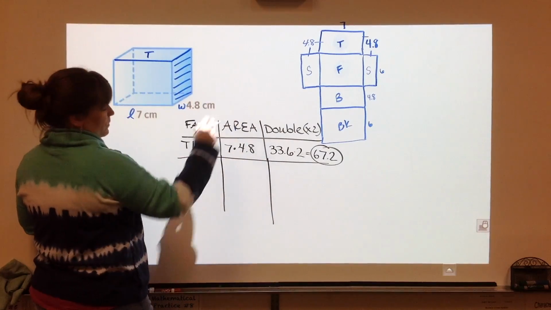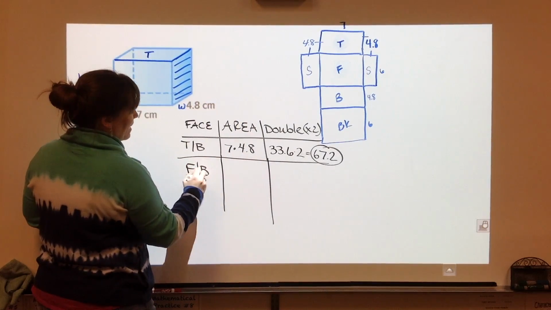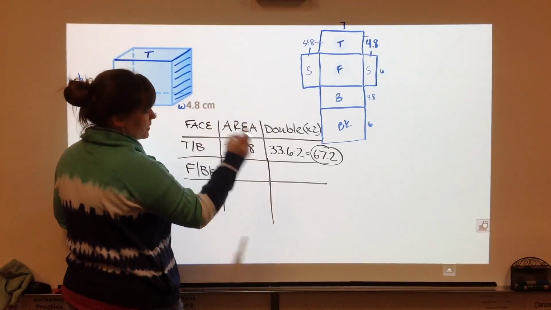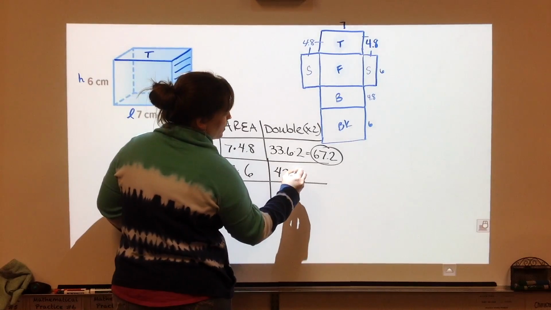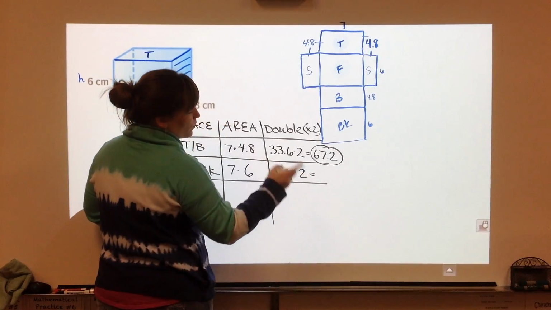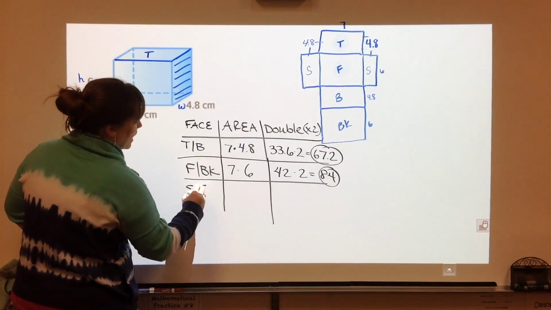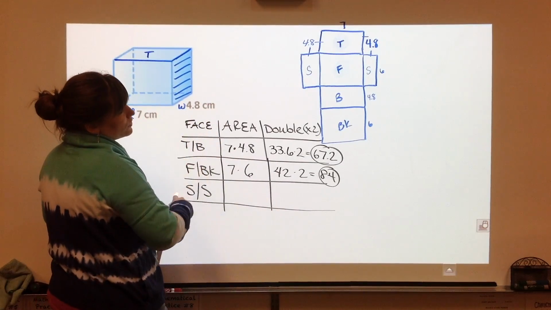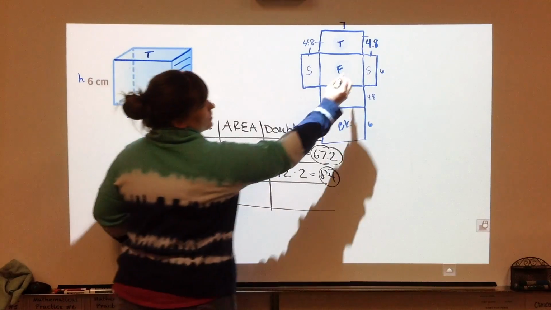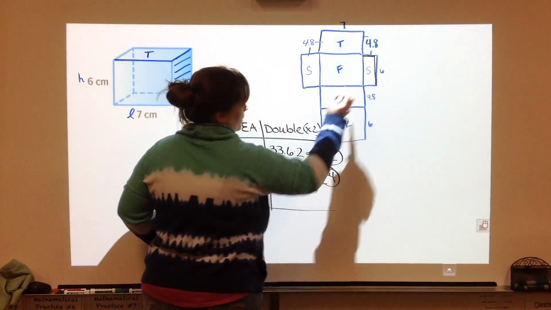Then we're going to go to the front and back. Those dimensions will be 7 times 6, which is 42, no decimals, but we still have to double it, which is 84. The sides are the last thing we have to chart out, and that's going to be the 4.8, this right here, and then the 6.